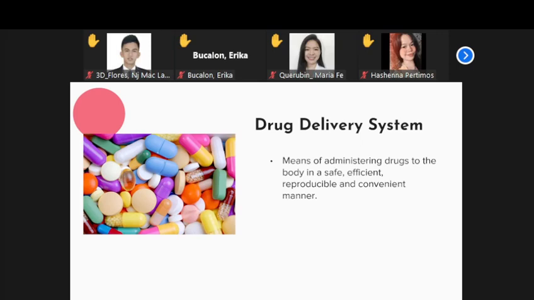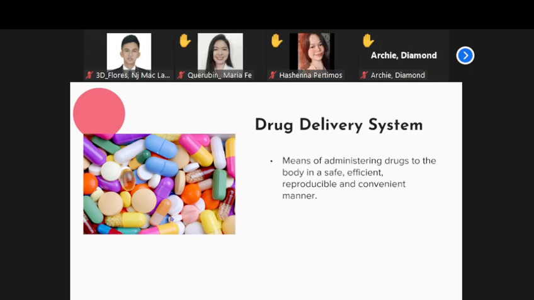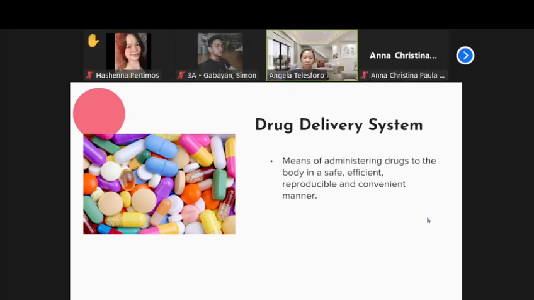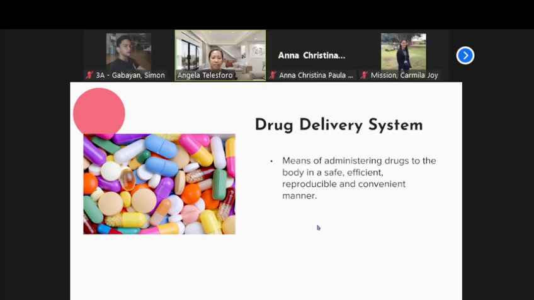Okay, so among your answers, the most important thing we have to consider when we make drugs is safety. Always remember that. I hope you remember in drug delivery that when we make medicine, in the beginning we have to know if it is safe.